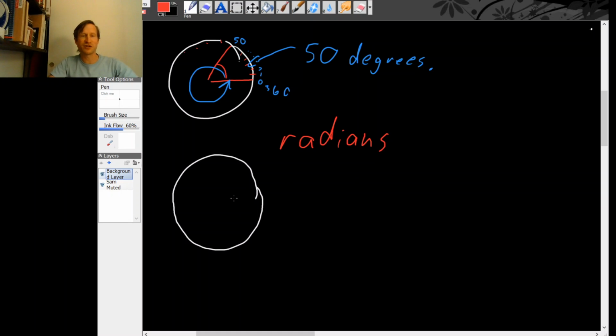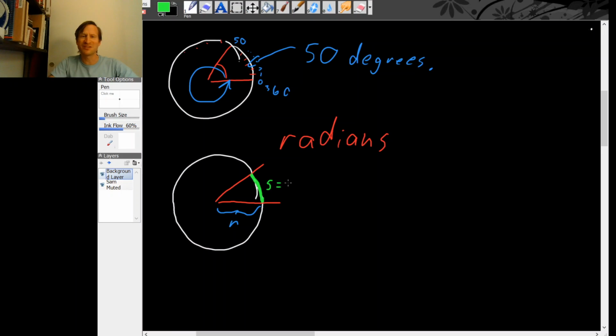And here's how you measure an angle in radians. So let me put an angle in here. To measure an angle in radians, first you measure two distances. The first distance you measure is the radius of the circle. We'll call that r. And the second distance that you measure is the length along this circle that the angle cuts out. We'll call this distance s.